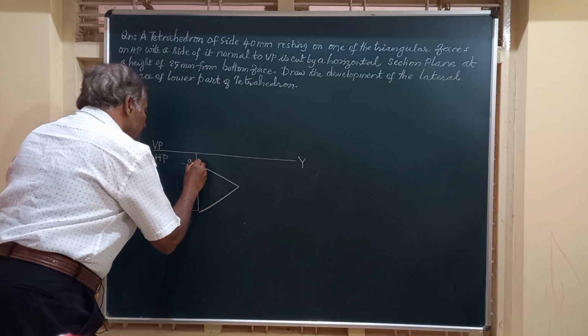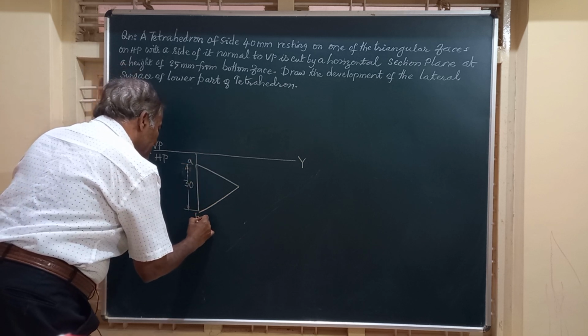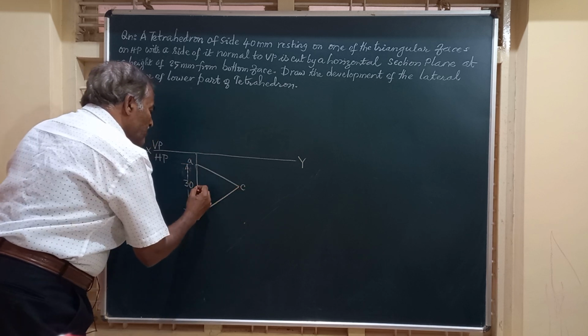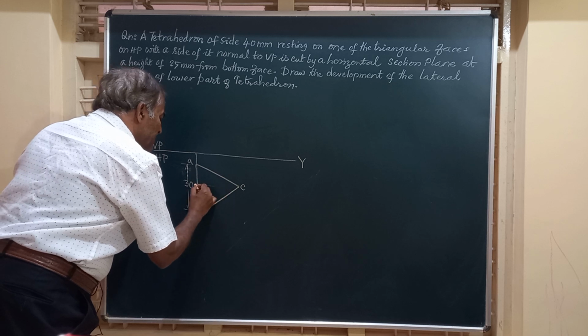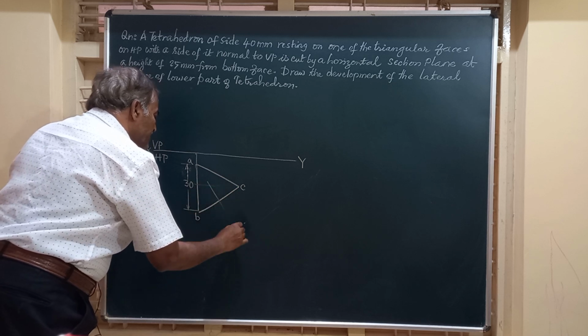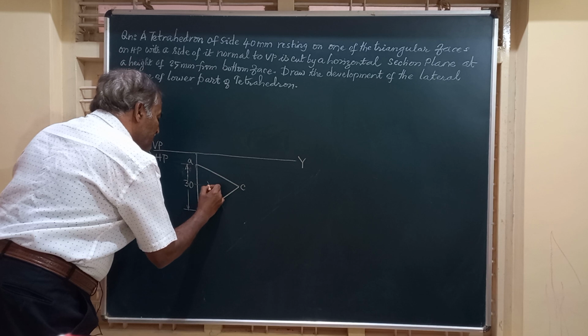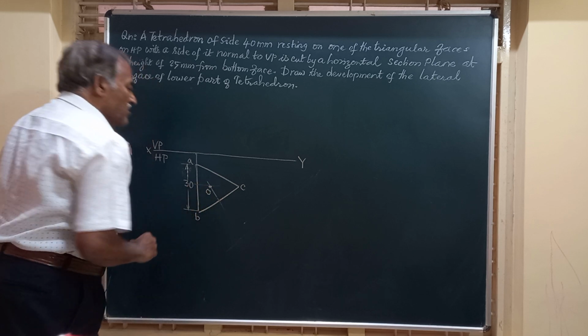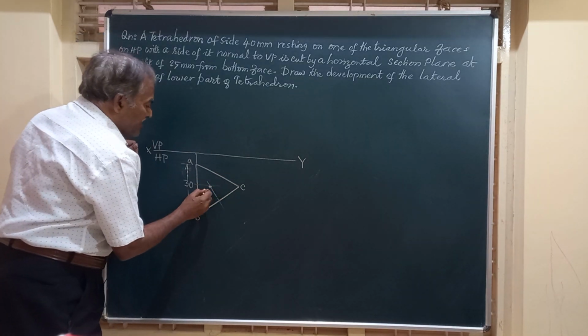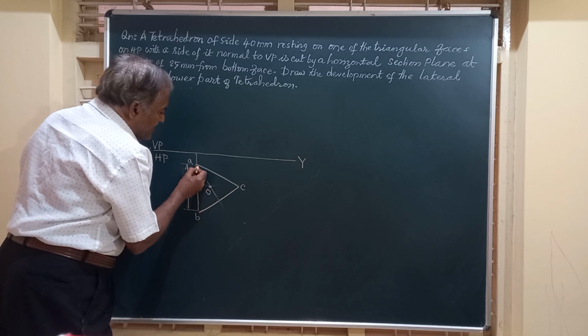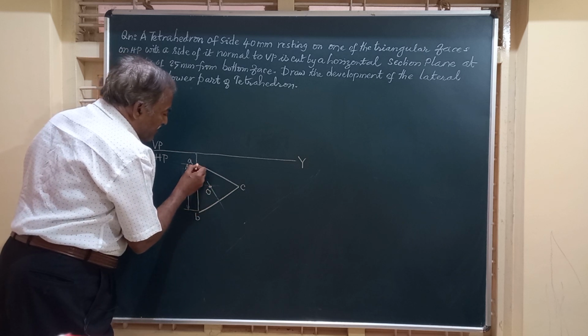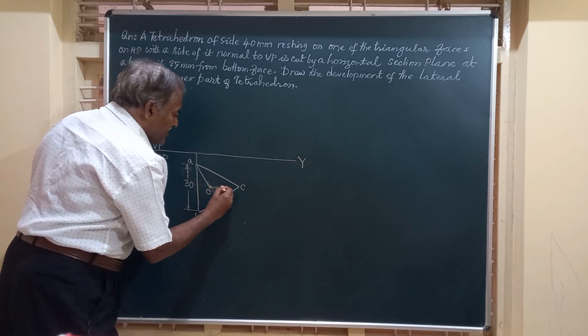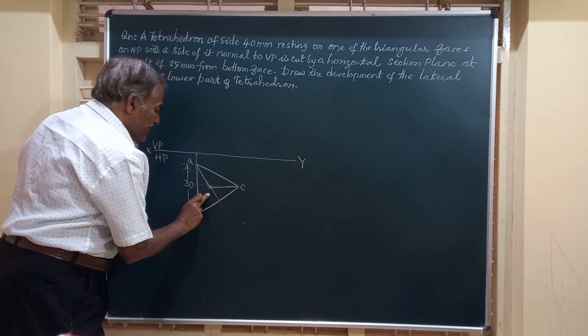So this is A, this end is B, this is C. We will bisect any two adjacent sides and obtain O, the center of the triangle. Join O to all the corners, O to A, O to C, O to B.